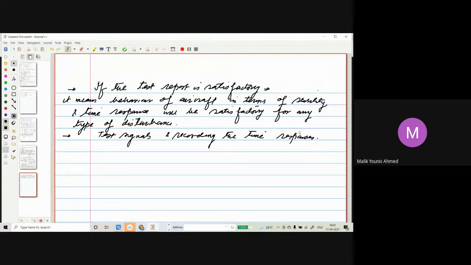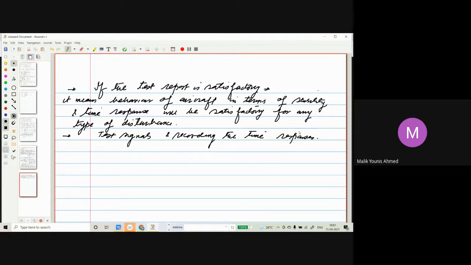So the conclusion here is, while we are subjecting an aircraft to various types of typical test signals and recording their responses, we are making sure that while the aircraft is actually in the air, it will cope up with various types of disturbances that it may encounter in the air.